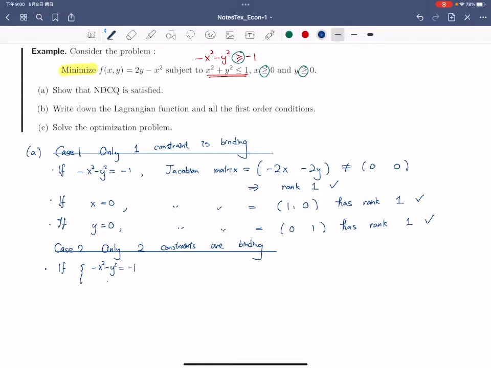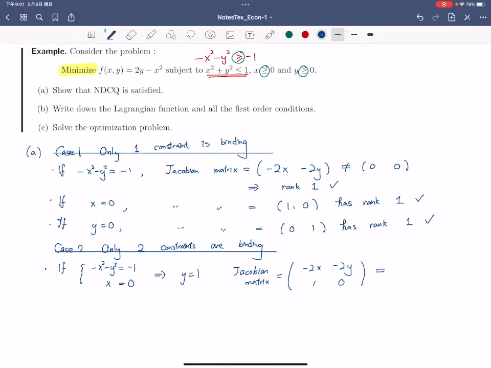But then that would imply what? That would imply y equals 1. So the Jacobian matrix in this case equals minus 2x, minus 2y, and then 1, 0.